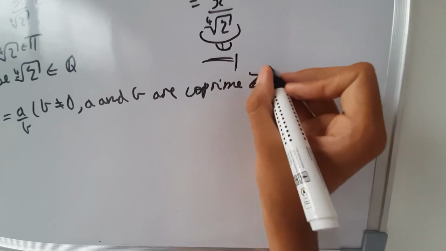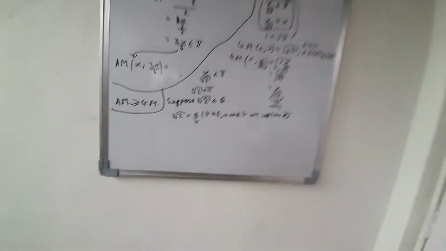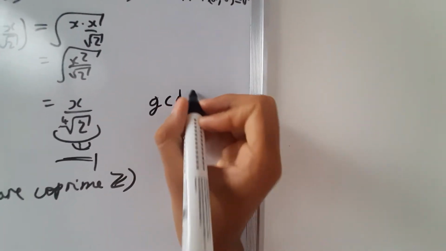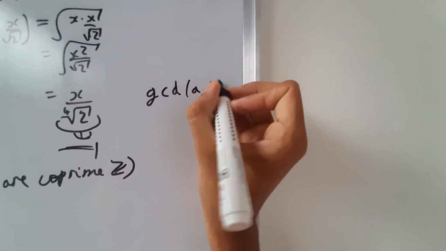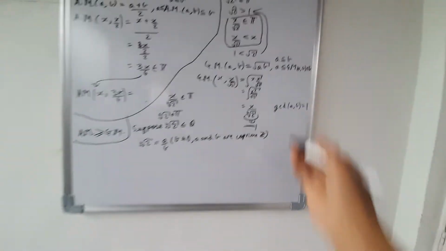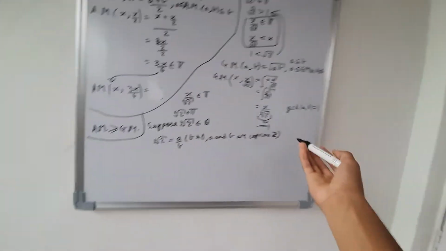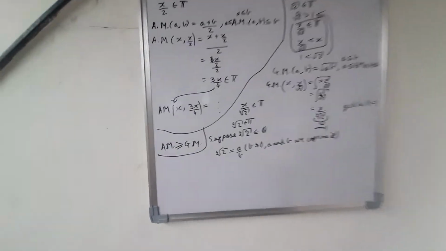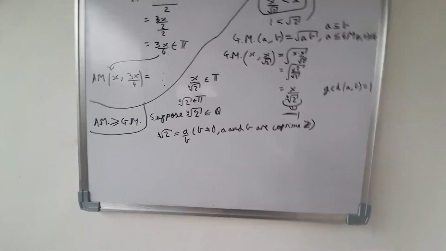Being co-prime just means that the GCD of a and b is 1. If you know GCD, then you probably know what co-prime is, but just as a reminder, I guess.